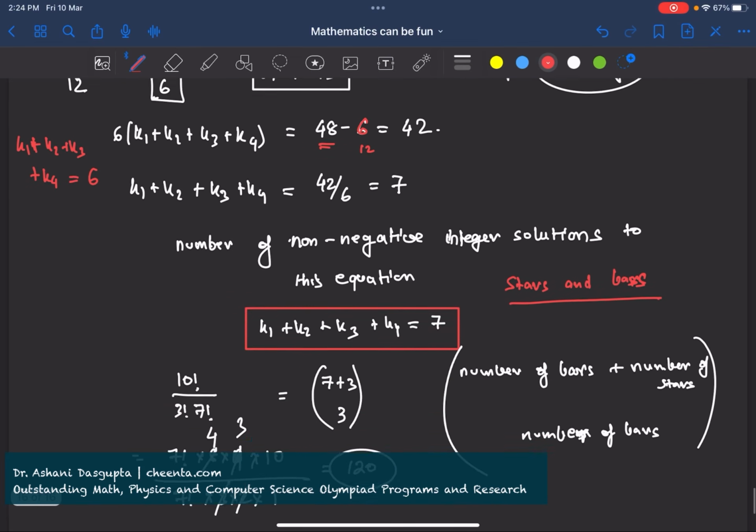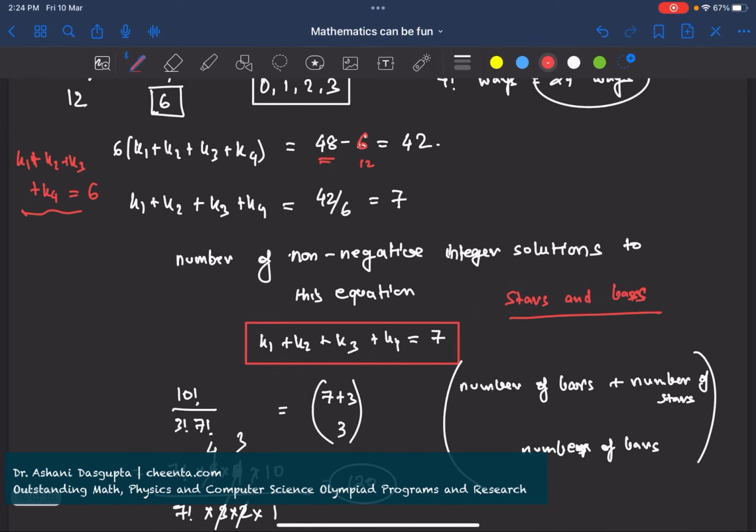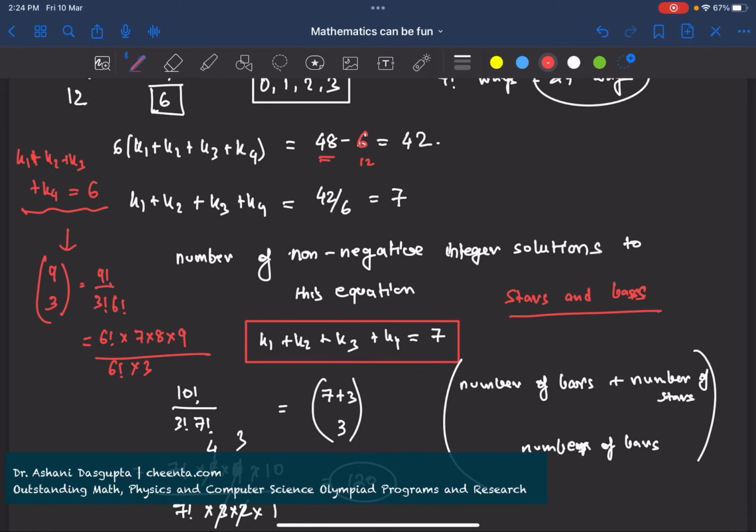And the number of solutions for this is 9 choose 3 by the stars and bars method. We have 6 stars and 3 bars. So this comes out to be 9 factorial by 3 factorial times 6 factorial, which is 6 factorial times 7 times 8 times 9, and 6 factorial times 3 times 2 times 1, so 3, 4, so that's total 84.